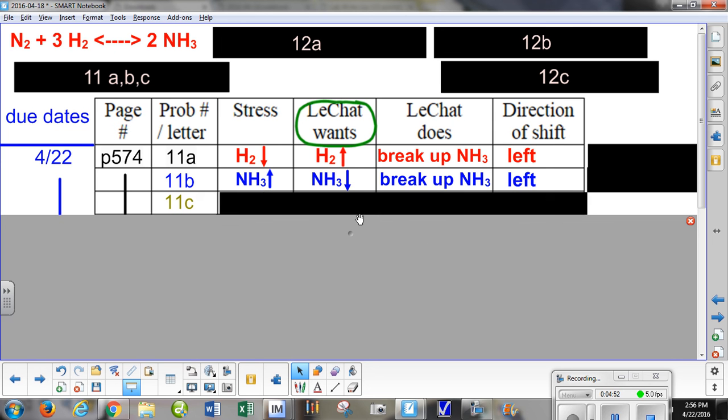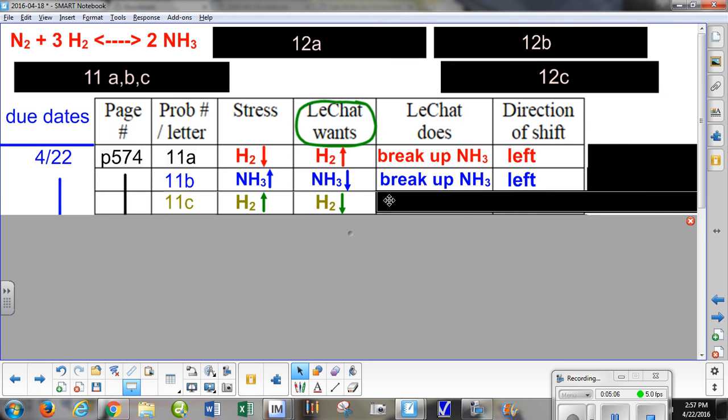Okay, 11C. It says add hydrogen to the system. Oh, well, how are we going to write that? H2 up. Yep. And LeChat wants H2 down. And now, how is he going to do it? Is he going to break this guy up?